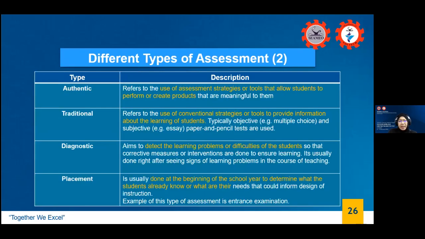Now here, authentic is actually the type of assessment that you can use, which is application of the real assessment. Like you want to see your student create a product, you want to see your student do a presentation, you want to demonstrate how you install air conditioning or how you fix a broken electrical socket.